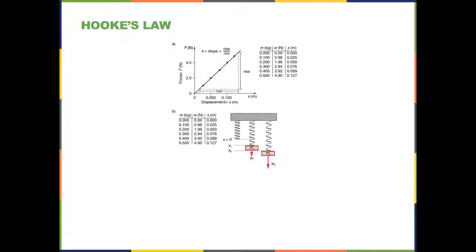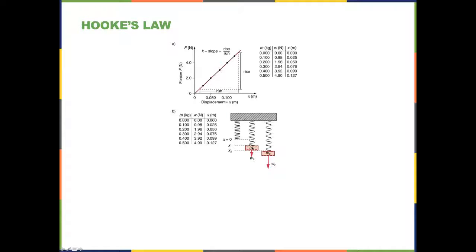Now another way to look at this is to look at a graph of the displacement that occurs when you add a mass onto a spring. So you're looking at this diagram here. You have a spring in this position here, and it's at rest in the equilibrium position. And you add a mass, which represents a force pulling it down, and it pulls it down a certain distance x1.